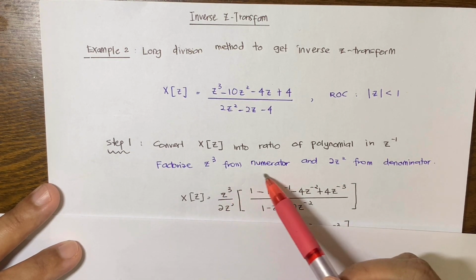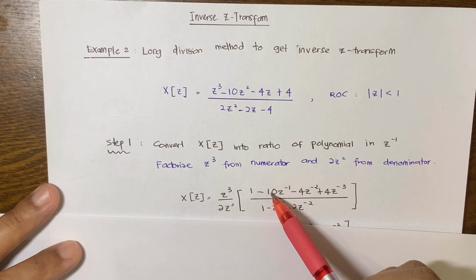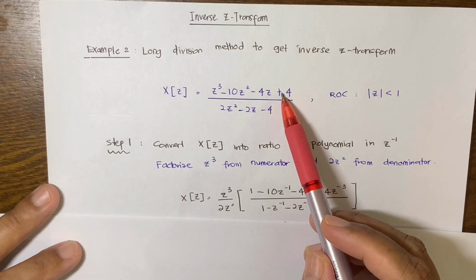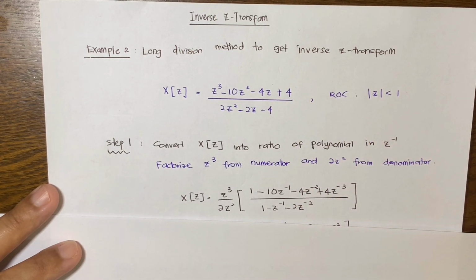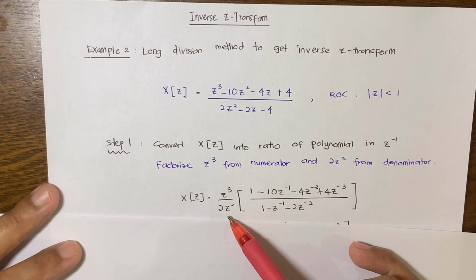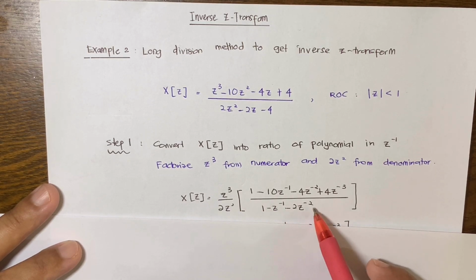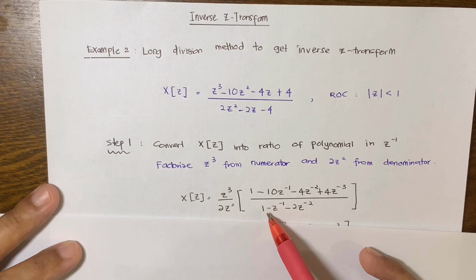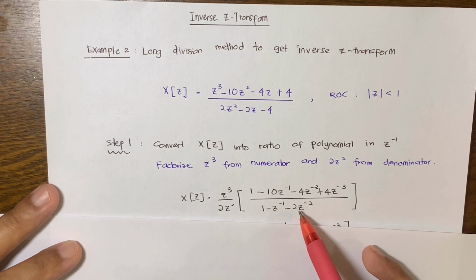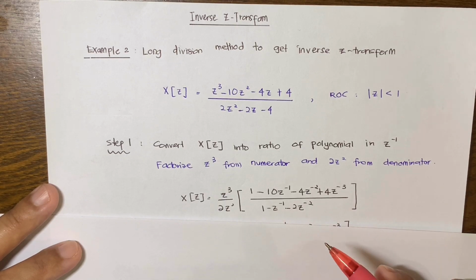When you multiply again, you will get the same answer. Same goes for the denominator: you factorize out 2z squared, and the denominator here is 1 minus z to the power of negative 1 minus 2z to the power of negative 2.